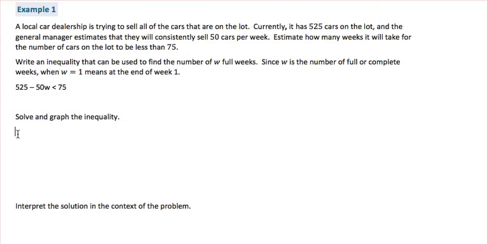So we'll solve that inequality first. And we'll have negative 50W is less than negative 450. And then, of course, we will divide by negative 50 on both sides. And because we're dividing by a negative number, we'll need to reverse the sign. And that will tell us that it will need to be more than 9 weeks.